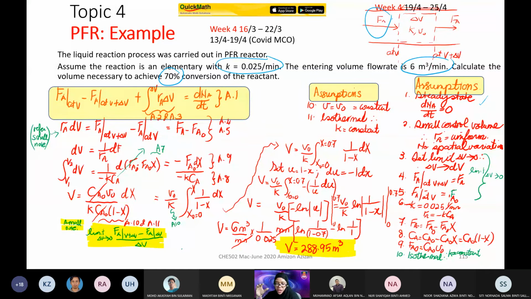So with the assumption, so I wrote from your mole balance, then you have this mole balance simplified equation. You want to find volume, so you integrate from volume 1 to volume 2. Then the K is constant because isothermal.